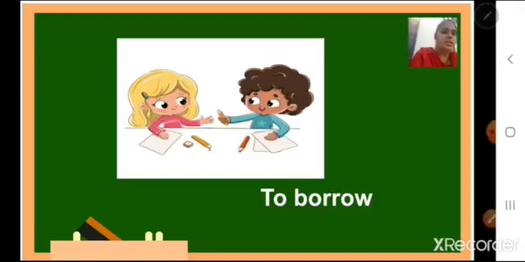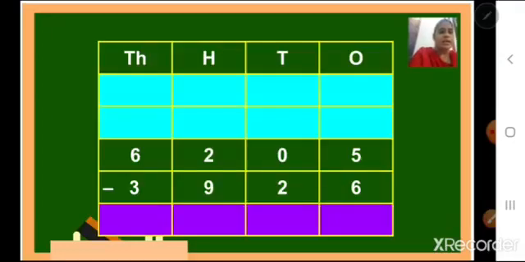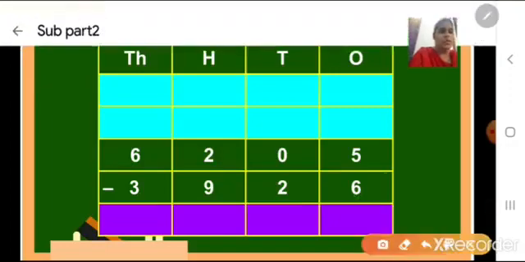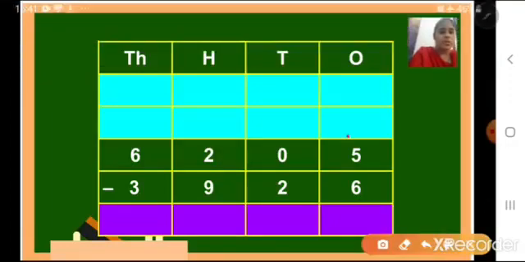Now here who is our friend? Tens place, hundreds place, other places. Okay. Now here 5 is smaller than 6. So number 5 will go to tens place.